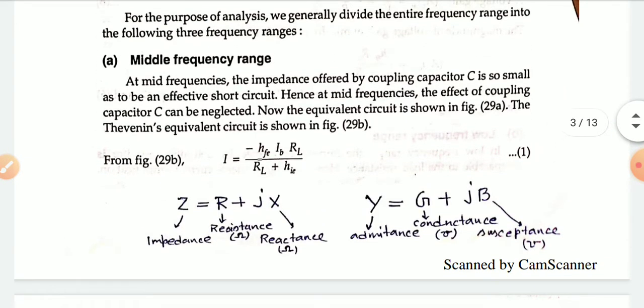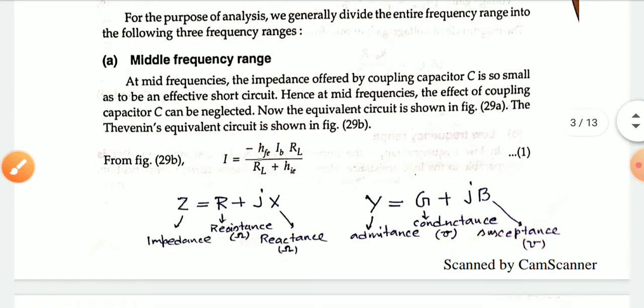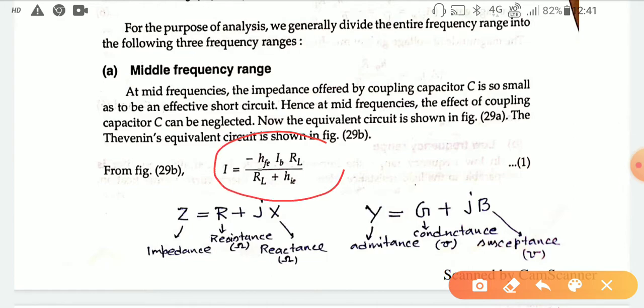Look, h_fe i_b R_L, this is the voltage source. This is h_fe i_b R_L is equal to I into R_L plus I into h_i. So from this you can get the value for I. So I is equal to this one.